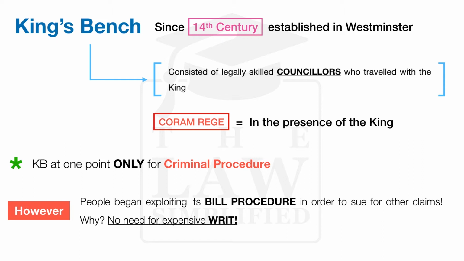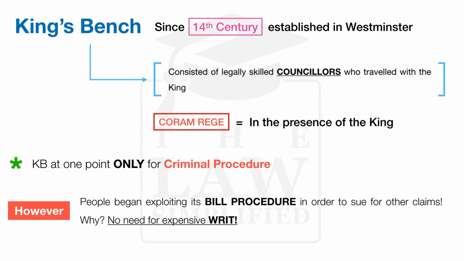So what you'd note from here is the very first distinction between citizen and state versus citizens themselves. The King's Bench, on the other hand, is quite akin to the Court of Exchequer. However, unlike the more civil aspect of the Court of Exchequer, the King's Bench primarily dealt with criminal procedure, something we will have a look at later on.